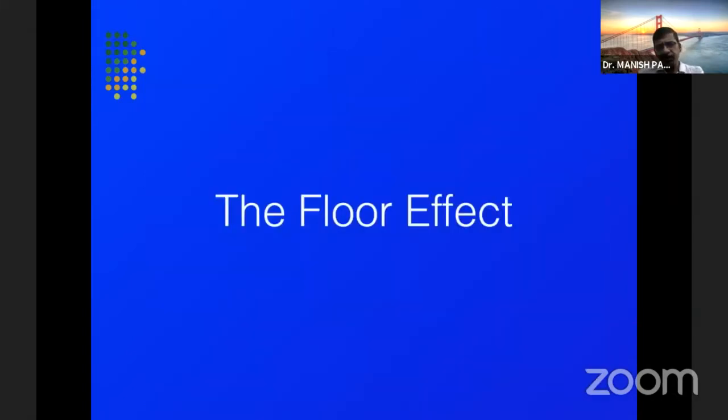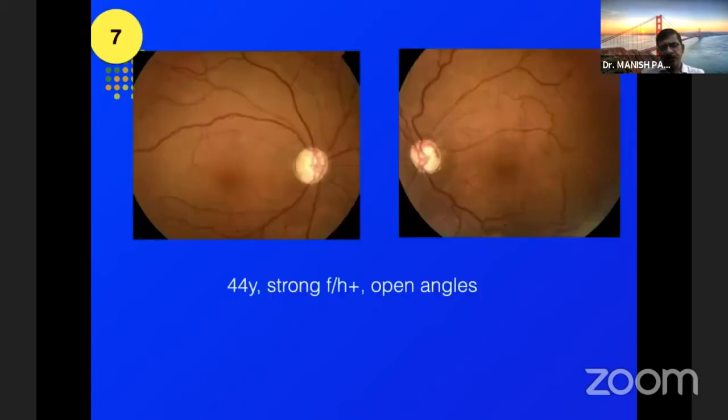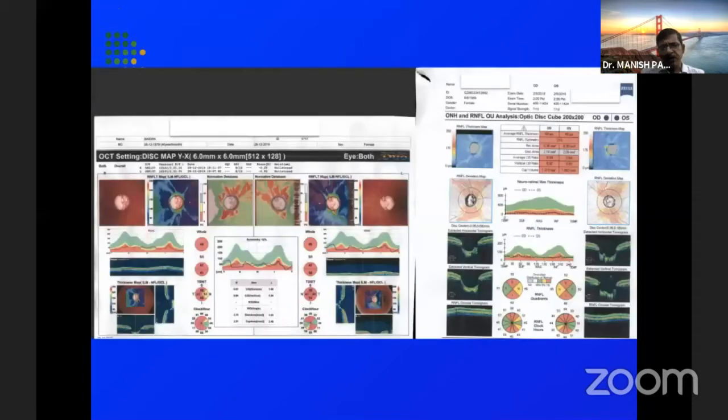A very important thing about OCT is something called a floor effect. OCTs may help you up to a certain point, but after that they will not help you because there is a floor effect. Take this 44-year-old patient who has a strong family history of glaucoma, open angles, and we can see advanced disc damage in both eyes. He's been undergoing serial OCTs elsewhere, and multiple OCTs are available with him.